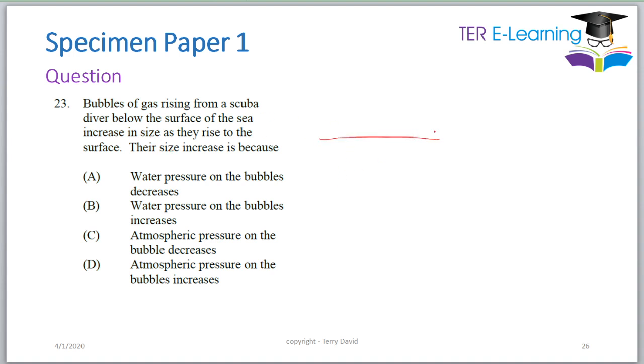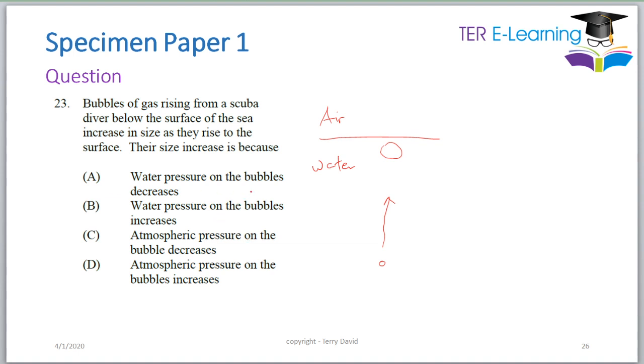Let's say the surface of the water, this is air and this is water. You have a diver at the bottom of the pool and we have a bubble of air here. What they're saying is that as the bubble of air goes up, the bubble gets a little bigger, right? Now this question is about pressure, right?